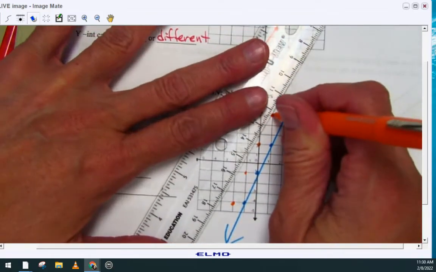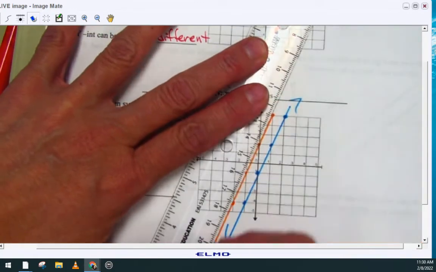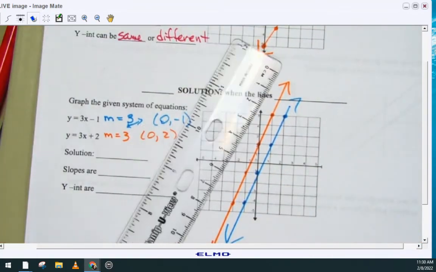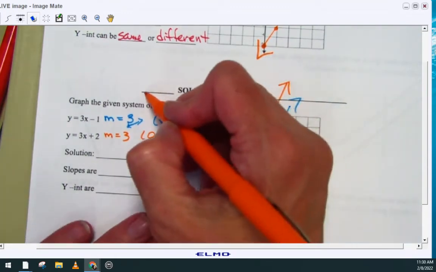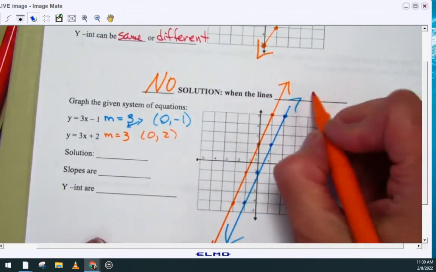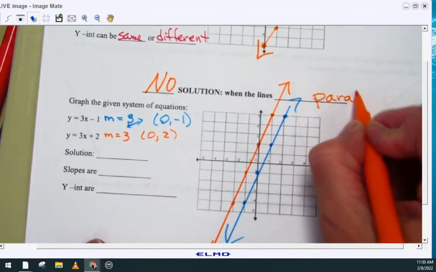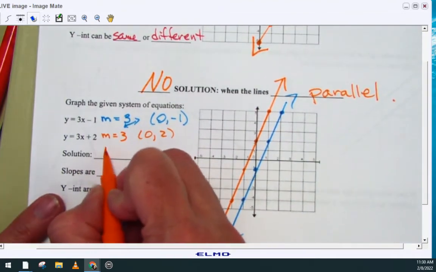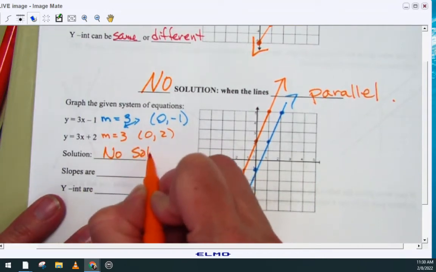Now, if I had drawn this perfectly, you would have noticed that these lines are parallel. There is no solution to this when the lines are parallel. Anytime the lines are parallel, you will not have any intersection: no solution.